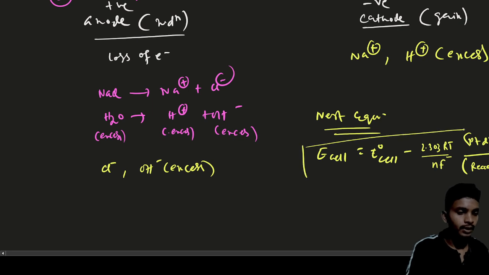So this is the Nernst equation, and from this equation we can see the following.